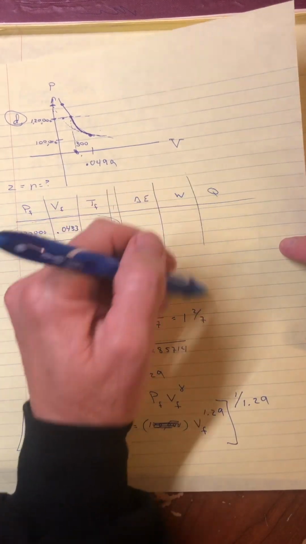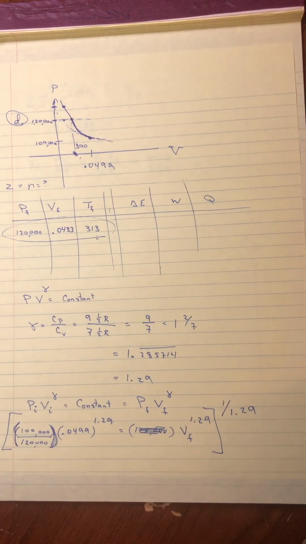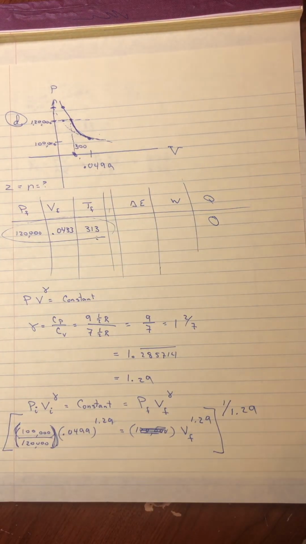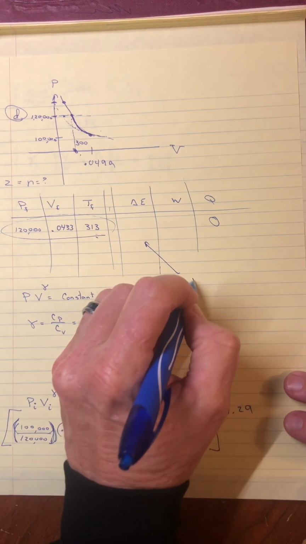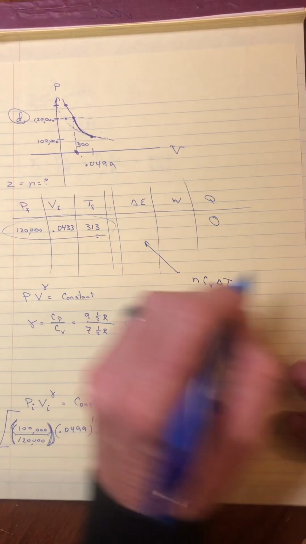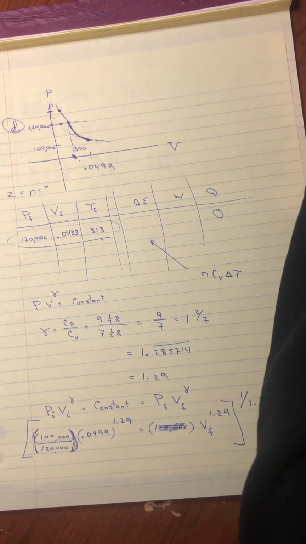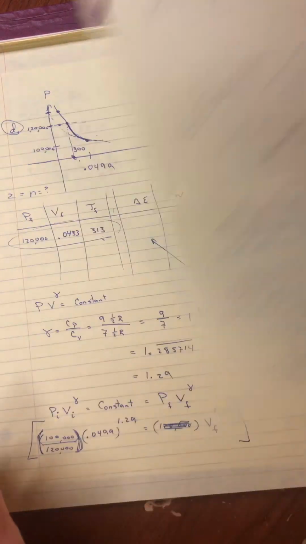Now, let's do all these energy ones. And again, I like to say, find the ones that are 0. And the adiabatic, the Q is 0. After that, the next easier one is the state function because that's just nCv delta T. And for this particular problem, that's directly given. There it is.